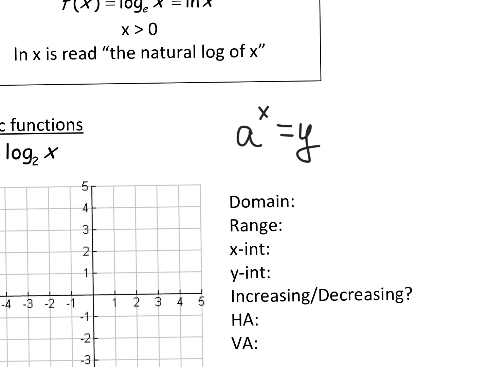So let's take the equation a to the x equals y. That's solved for the variable y. Let's put that into logarithmic form and see what happens. Log base a of y equals x. The exponent goes by itself on the right-hand side, and y becomes the argument of the logarithm.